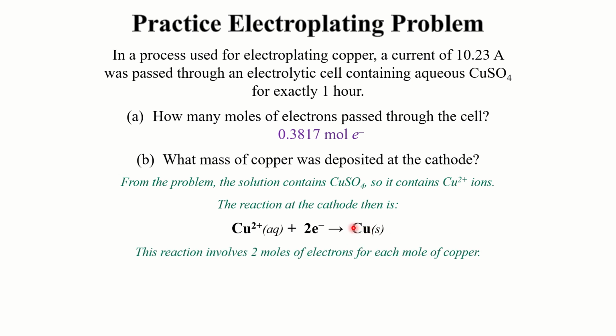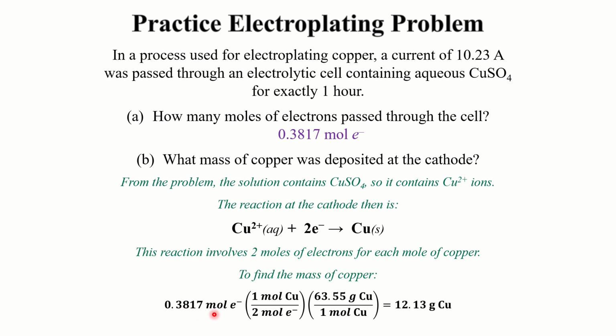This reaction involves 2 moles of electrons for each mole of copper. So to find the mass of copper, we can use stoichiometry with our answer from part A. I'll take 0.3817 moles electrons and convert from moles electrons to moles copper using the ratio in the equation, where 2 moles of electrons produces 1 mole of copper.